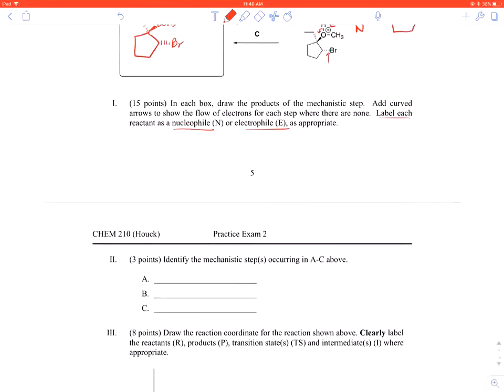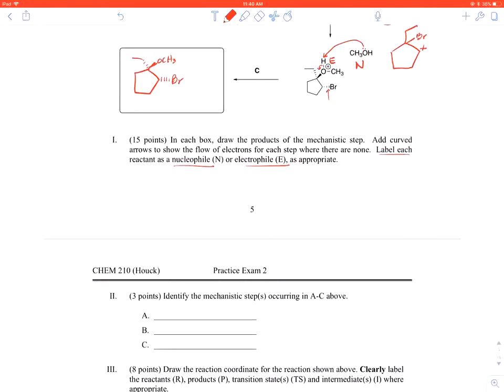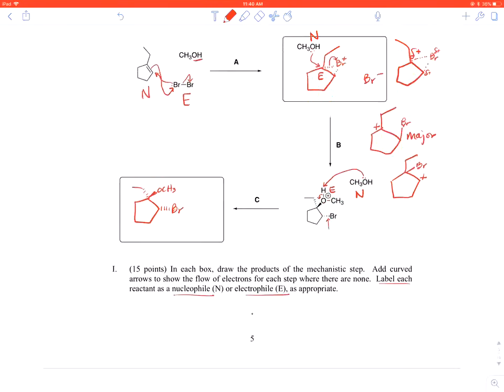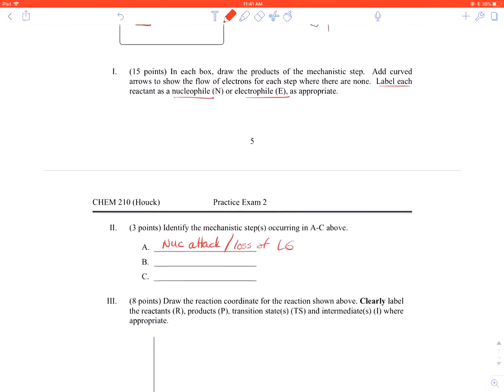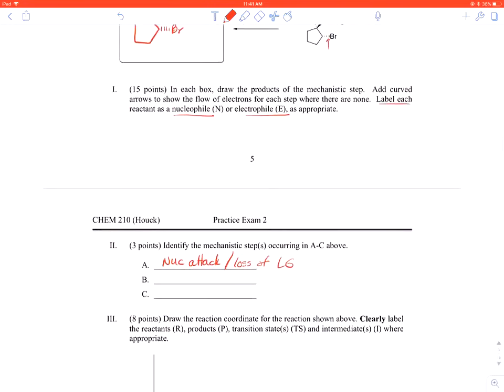Oh, label the mechanistic steps occurring in A through C above. So step A was nucleophilic attack and loss of leaving group. Okay, so we attacked my bromine, and then we lost a Br minus, so that's the leaving group. Part B was nucleophilic attack and loss of leaving group again. Notice that the leaving group didn't fall completely off, it just left that electrophilic site, right?